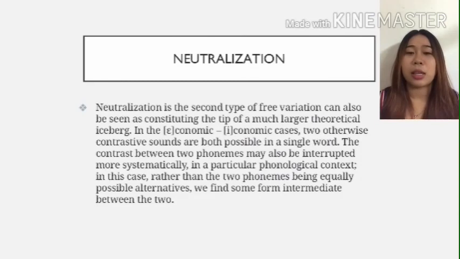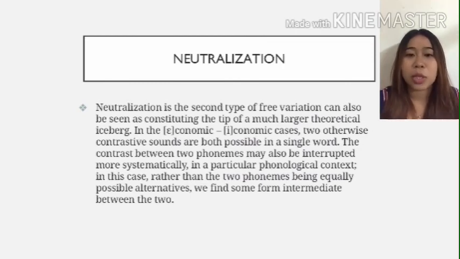Next is neutralization. Neutralization, a type of free variation, can also be seen as constituting the tip of a much larger theoretical iceberg. For example, in economic and economic, two otherwise contrastive sounds are both possible in a single word.